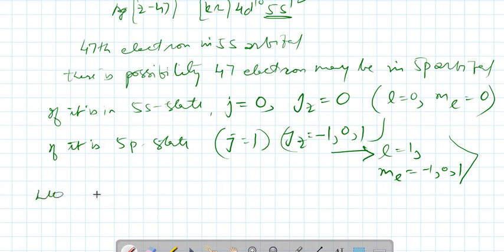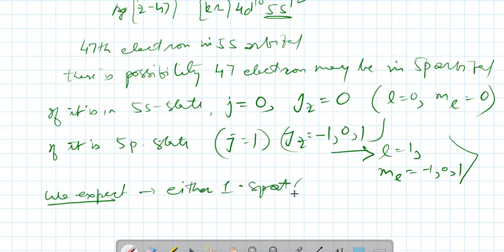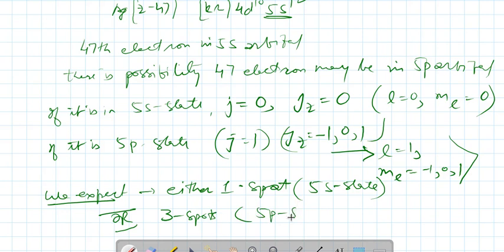Now what we expect, so we expect either one spot corresponding to 5s state, or we are expecting 3 spots corresponding to 5p state.